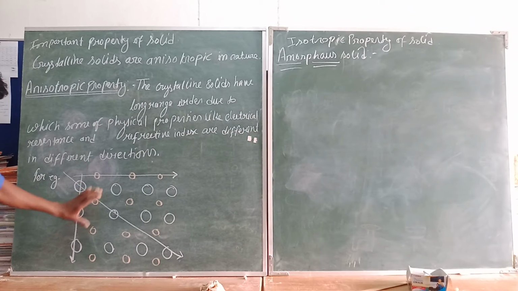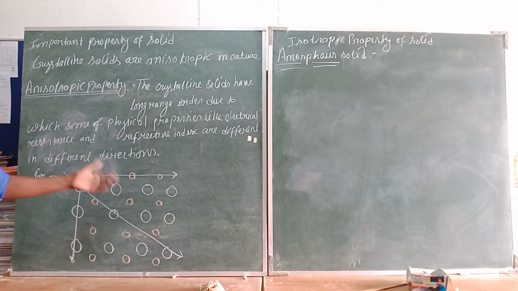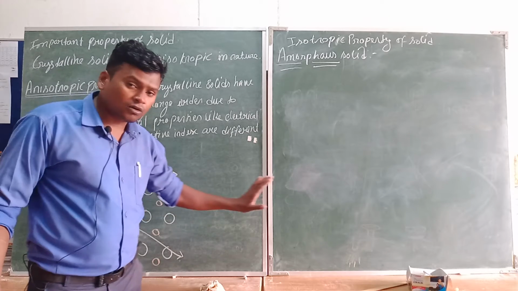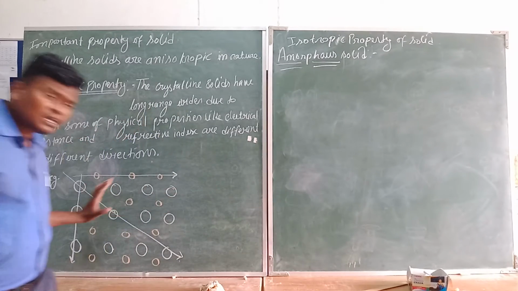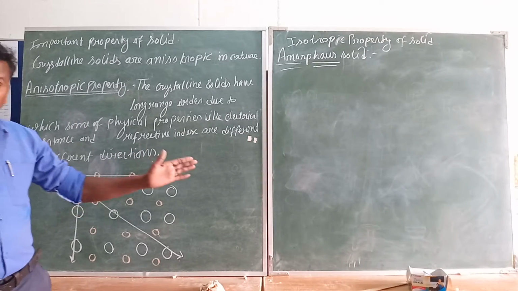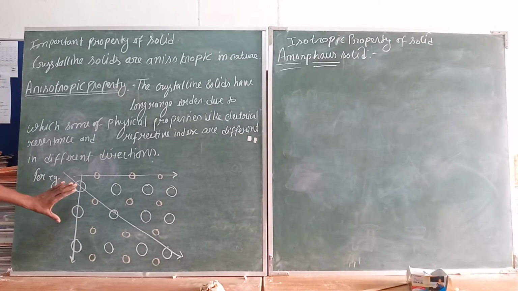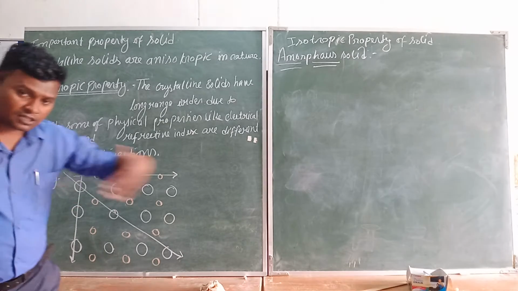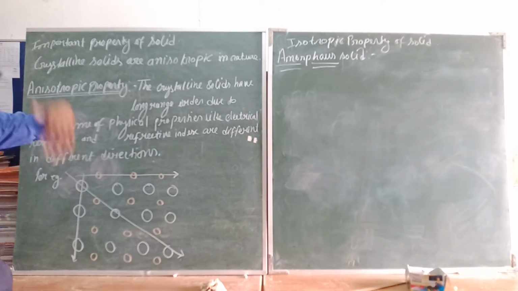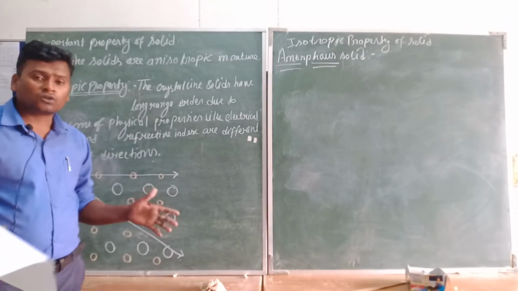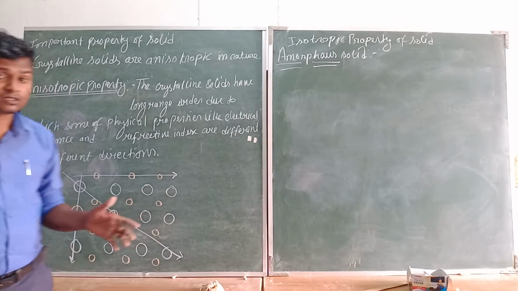This pattern is repeated over a long range, not only in a plane but also in three dimensions. It has long range order in the x-axis, y-axis, and z-axis also, because generally we are talking about a three-dimensional crystal.